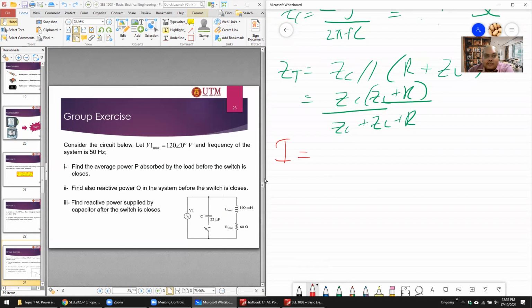I is equal to V source, V1 divided by ZT, you get the answer.